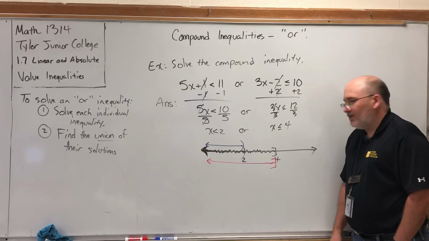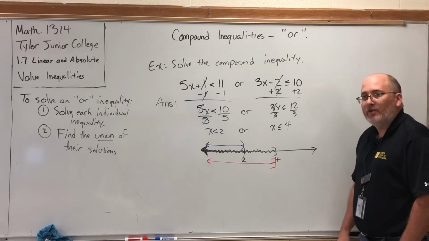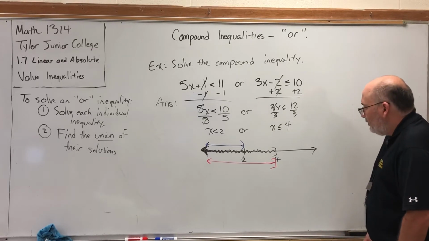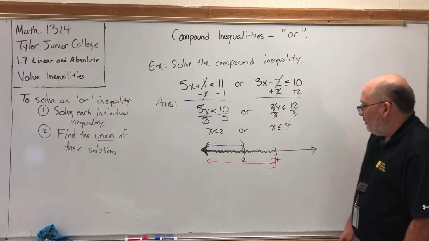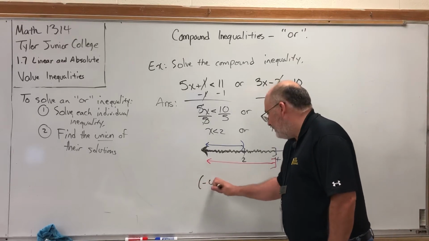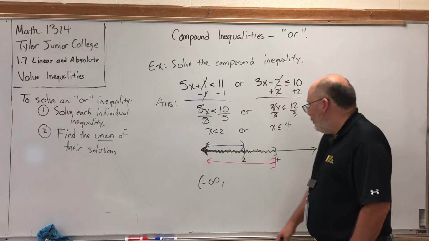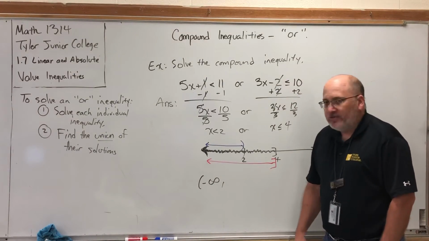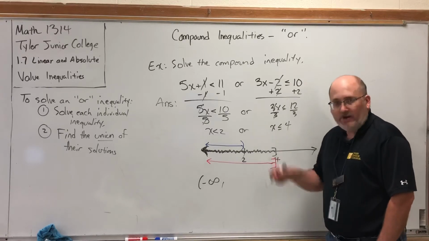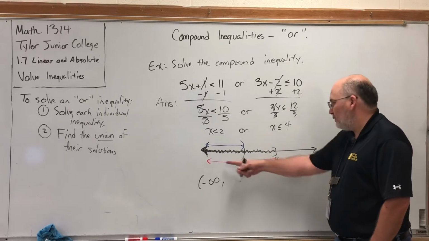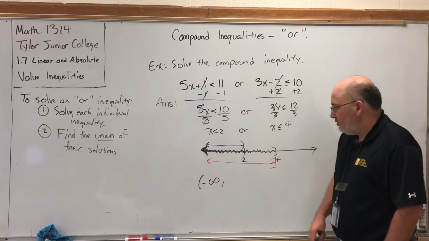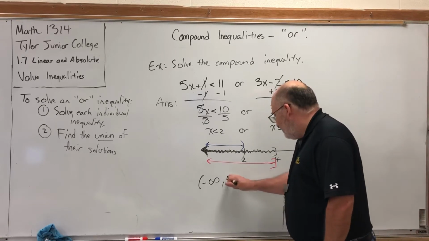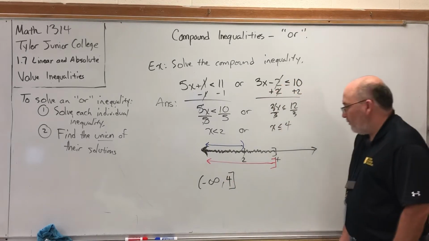So that's what it would look like if we unioned these two number lines together. So what's shaded in? From left to right, it starts at negative infinity, and it goes all the way to 4, but is 2 part of the union? To be part of the union, you only have to belong to one of the solutions, and 2 does belong to the second solution. So it is in the union, and the solution goes all the way to 4 with a bracket.